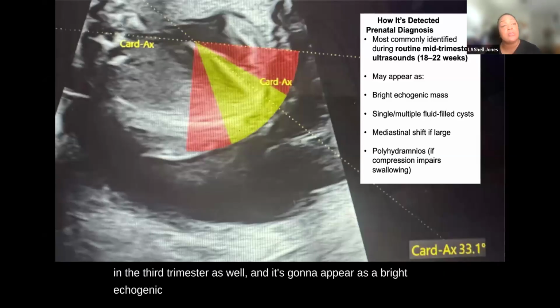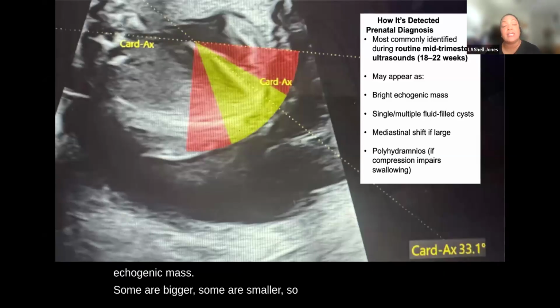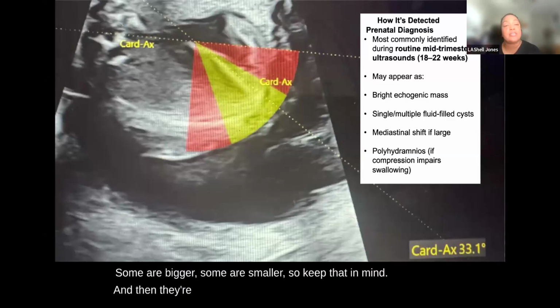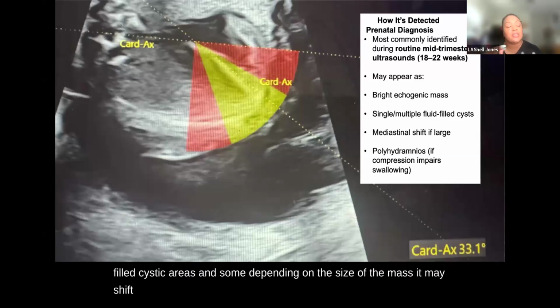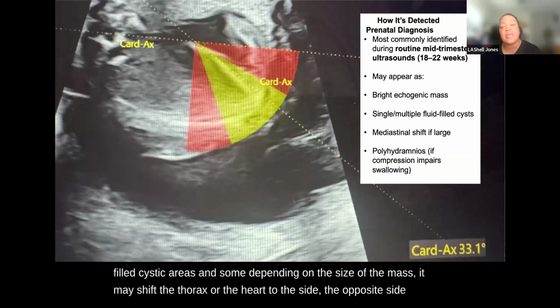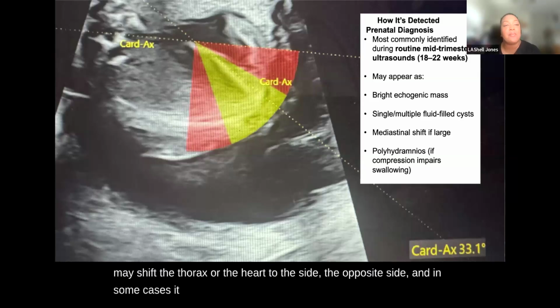Some are bigger, some are smaller, so keep that in mind. And then they're going to have either a single cyst or multiple fluid-filled cystic areas. And some, depending on the size of the mass, may shift the thorax or the heart to the opposite side. And in some cases, it could cause an excess amount of amniotic fluid.